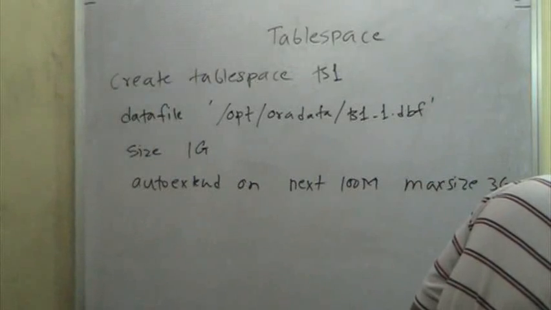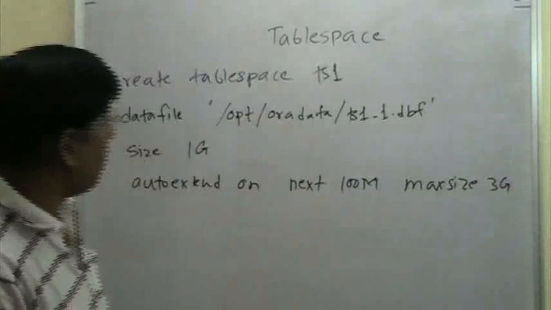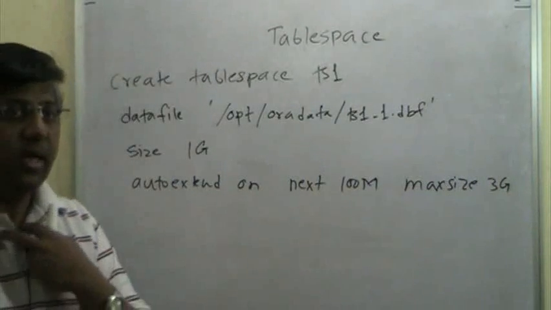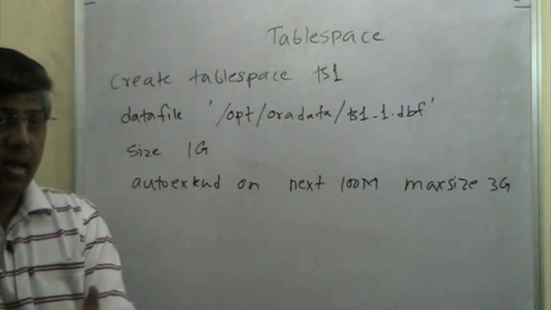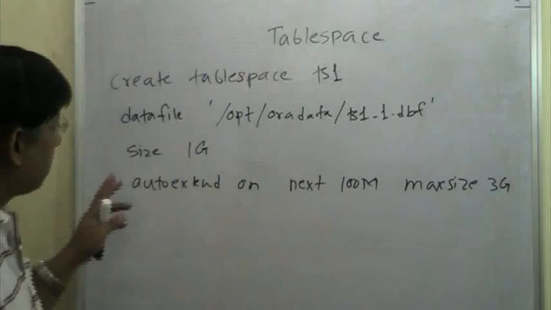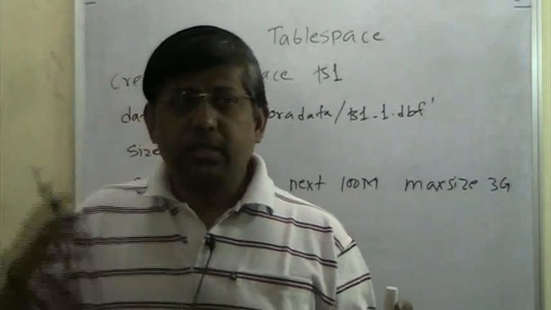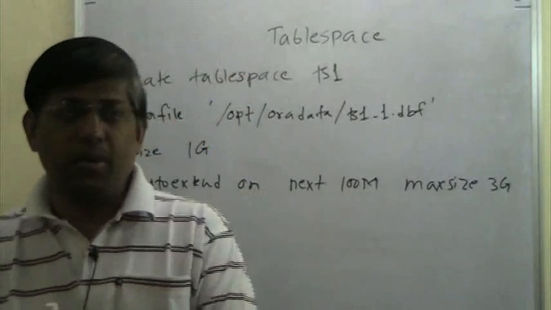Now there are certain other things. What is the difference between this next 100 M max size and the resize? Resize is, let us say, if the original size of the file is 1 GB, you want to resize it to 1.5 GB, you can increase the size suddenly up to 1.5 GB.